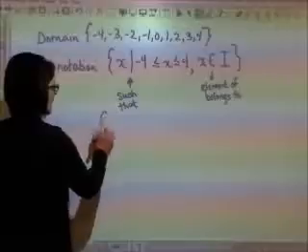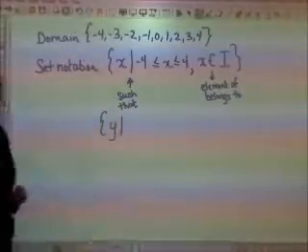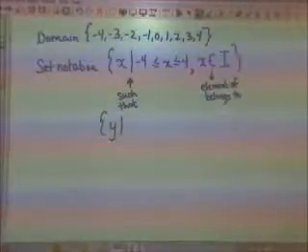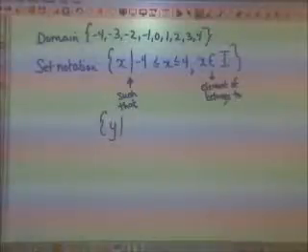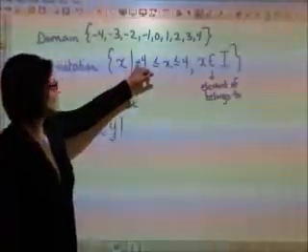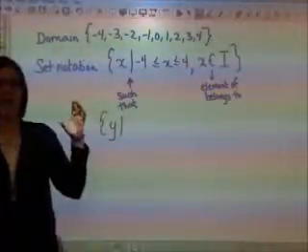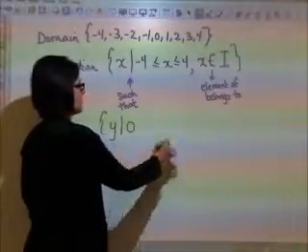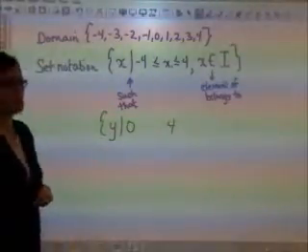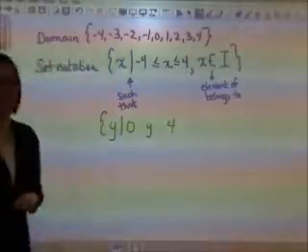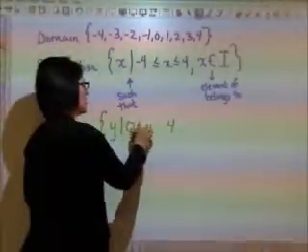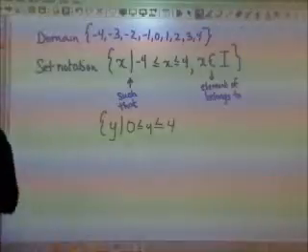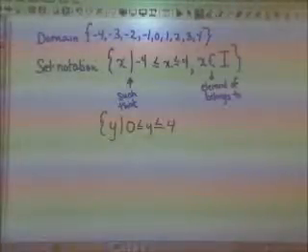And then if I wanted to use that set notation, this time it would be the set of y values, such that, and we use this type of format when we have a range of numbers, from a low number to a high number. Low number goes first, high number goes second, and the variable goes in the middle. And then I have my two less than or equal to inequality signs.